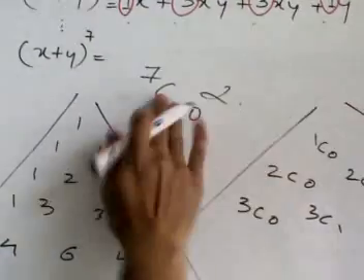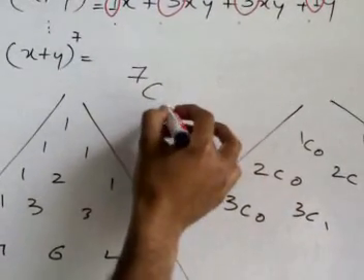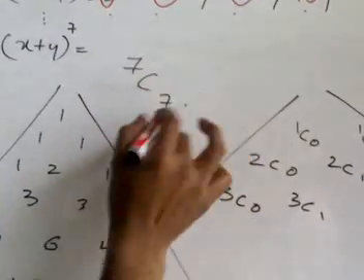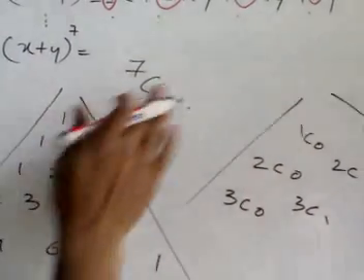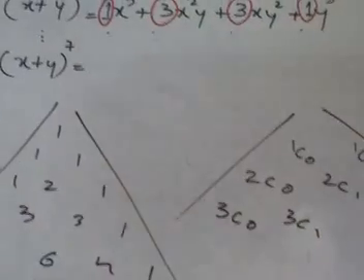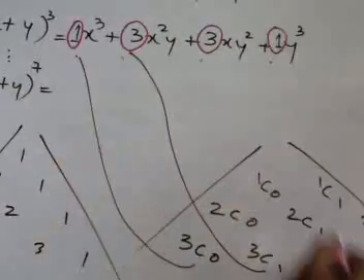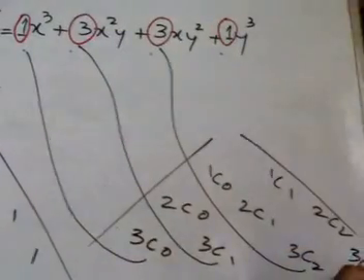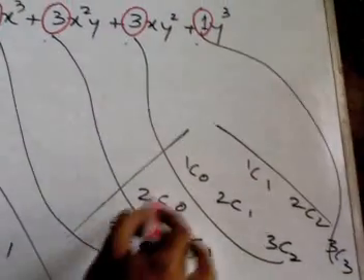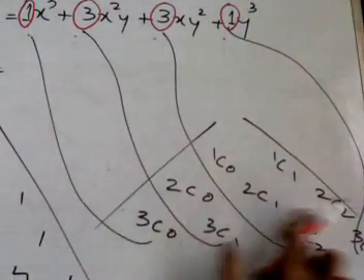What I mean to say is 7C10 is not possible. This is wrong. You can only go from 0 up to 7, which is the last combination you can make. Out of 7 things, you cannot exceed that. So 3C0 is 1, 3C1 is 3, 3C2 is 3, 3C3 is 1.